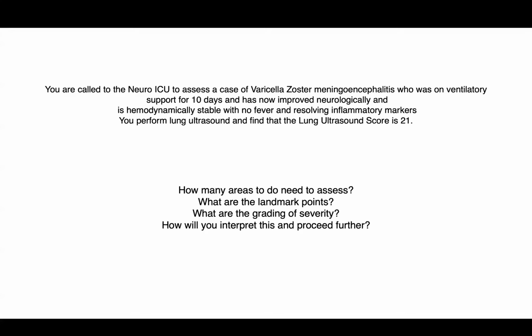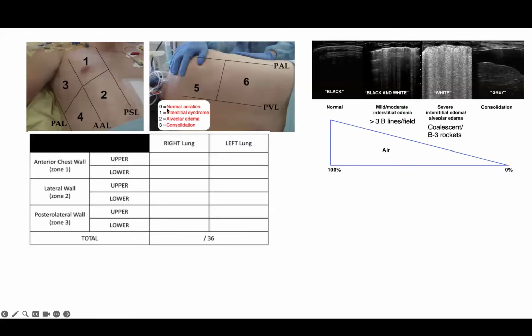So the lung ultrasound score was 21. How will you interpret this? Twelve into 3 is equal to 36, more than 17. Okay, fine, we'll go ahead. Like you all said, this was okay.